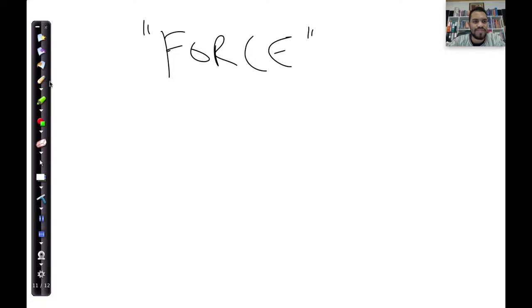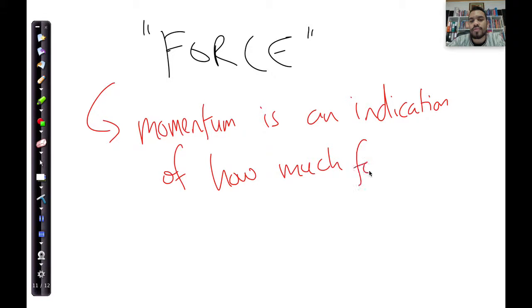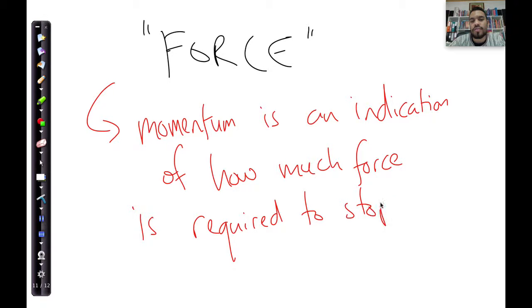What about force? I'm going to give you a hint, and I might even tell you the answer. We can also say that momentum is an indication of how much force is required to stop an object's motion.